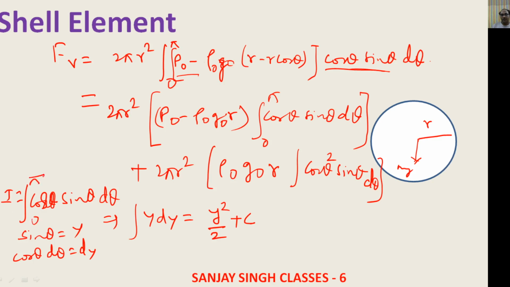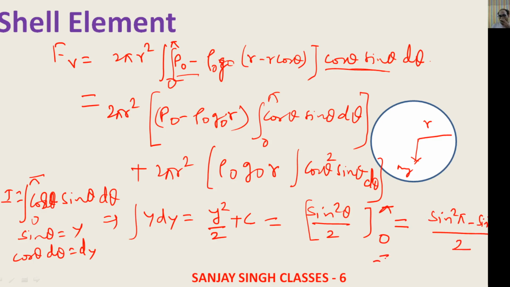So y is sin theta, so we go for sin square theta by 2 with limits 0 to pi, so sin square pi minus sin square 0, divided by 2.